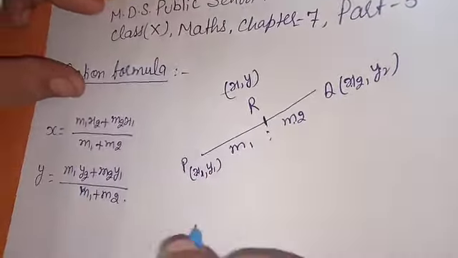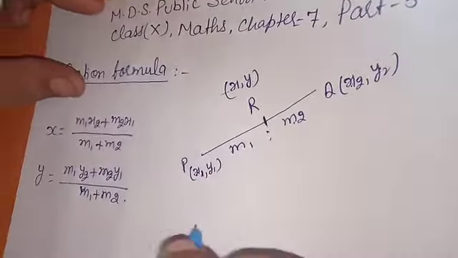This is the second formula. If the coordinates of P, Q and R are given, and we have to tell in which ratio R divides this line segment, then we apply this formula.